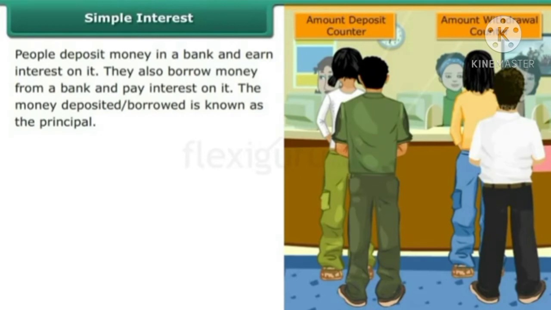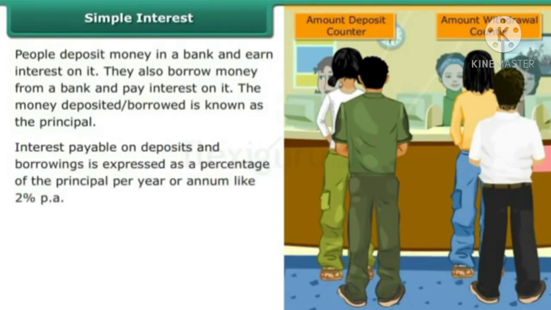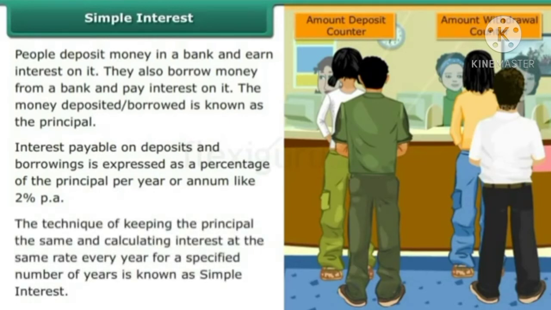Interest payable on deposit and borrowing is expressed as a percentage of the principal per year or annum, such as 2% per annum. The technique of keeping the principal the same and calculating interest at the same rate every year for a specified number of years is known as simple interest.